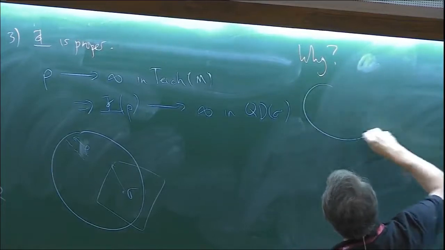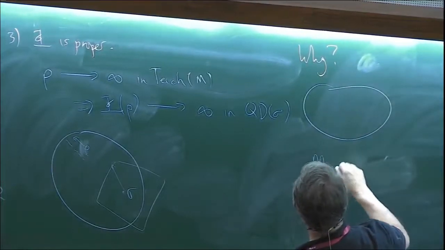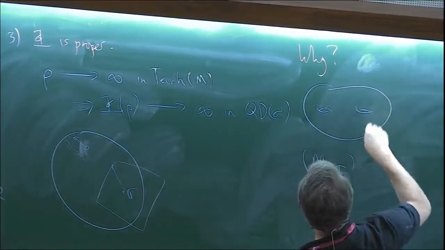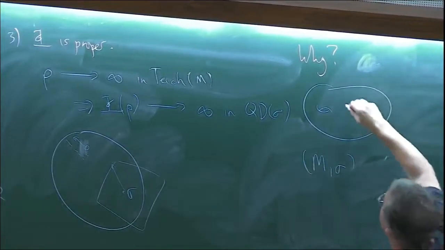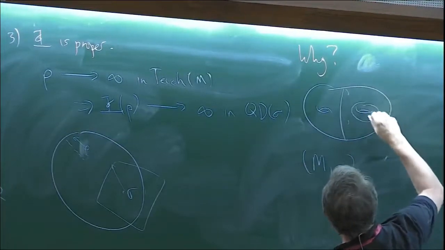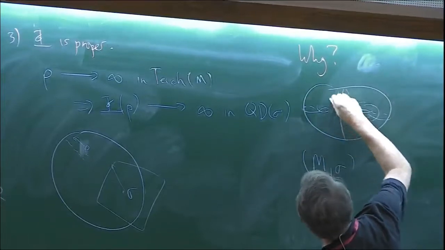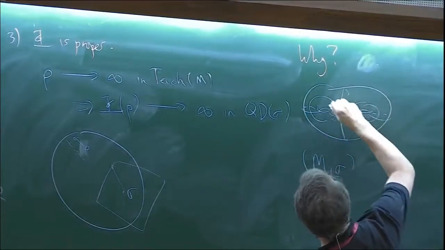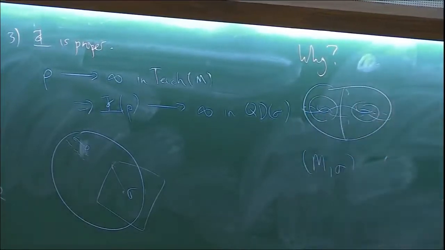So here's our picture. Here we are on M sigma, and I have on M sigma some basis for pi 1. I don't need an efficient basis. Anyway, pick as many as you want. I don't care.